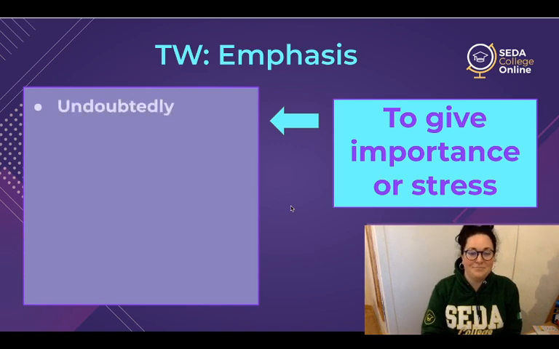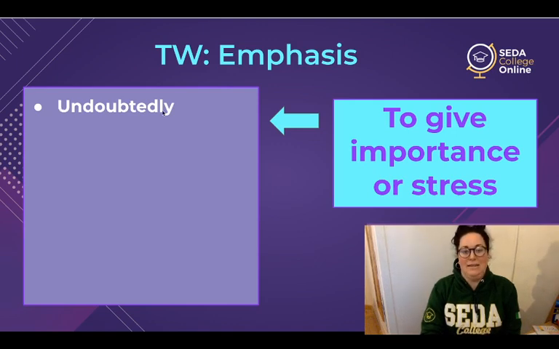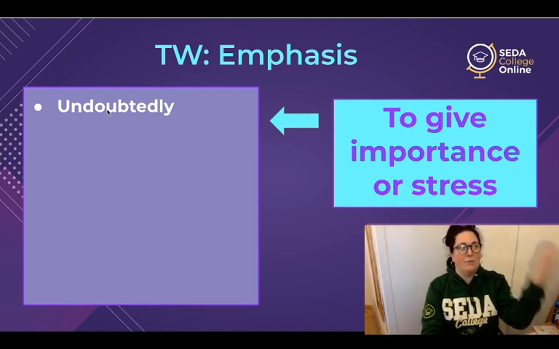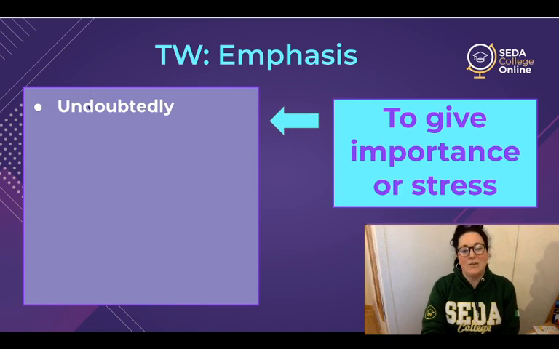Great. The first one is undoubtedly. And that makes it negative, right? And doubt is like a negative thought or projection. So undoubtedly would be the opposite of the negative. You can't doubt.